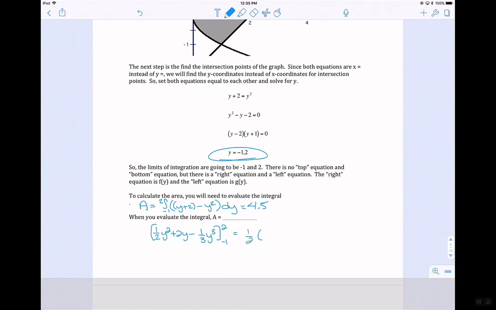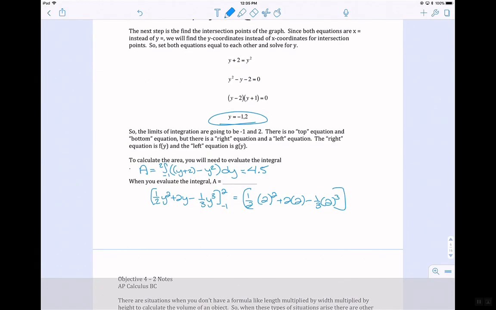So I have 1/2 times 2 squared plus 2 times 2 minus 1/3 times 2 cubed. And I am subtracting off 1/2 times -1 squared plus 2 times -1 minus 1/3 times -1 cubed. Okay, so I get 4 divided by 2, which is 2, plus 4 minus 8/3, minus 1/2 plus 2 and minus 1/3.